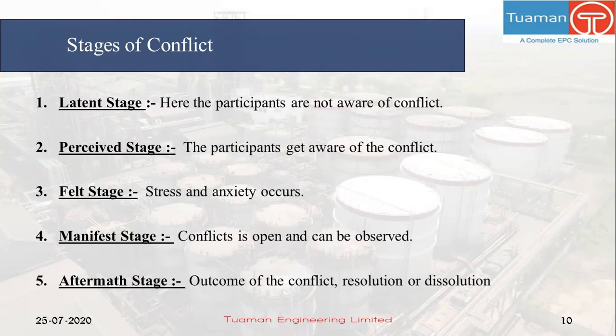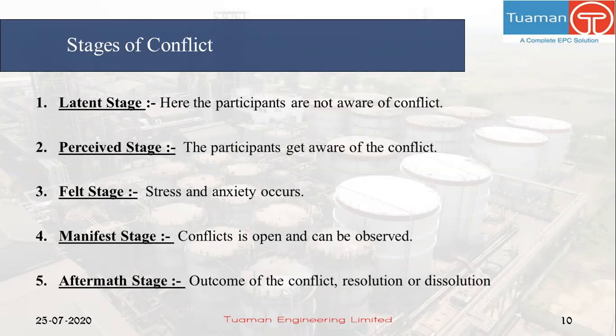Next is the felt stage. In this stage, the conflict is felt, so there occurs anxiety and stress, where you can feel that the conflict is all around you. And the fourth stage is the manifest stage. In this stage, the conflict is manifested, meaning the conflict gets open, and it can be observed by the people who are involved in the conflict, and also other people who are not involved in the conflict.